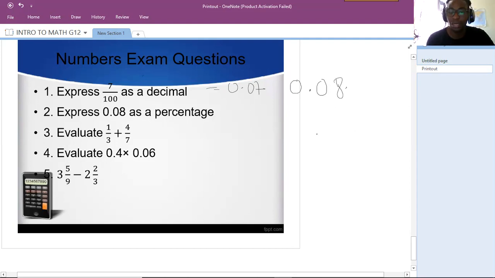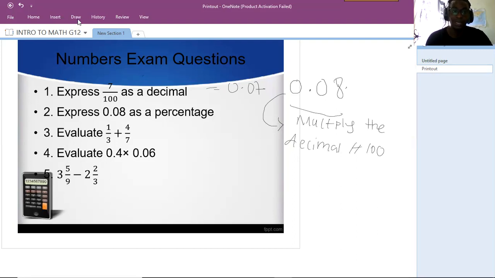Rule: every time you have a decimal number, whether it's 0.08, 0.7, 0.005, 0.25, and you want to convert it into a percentage, always multiply it by 100. To convert a decimal number into a percentage, you multiply it by 100.